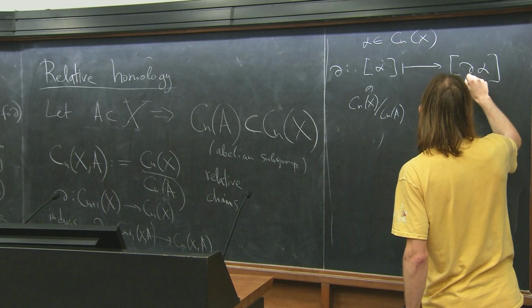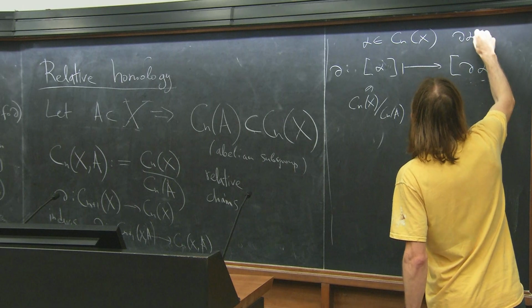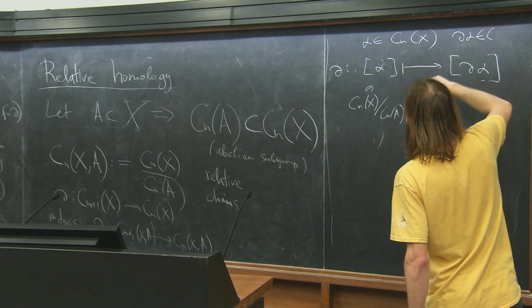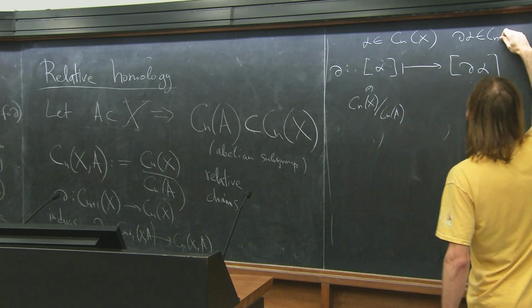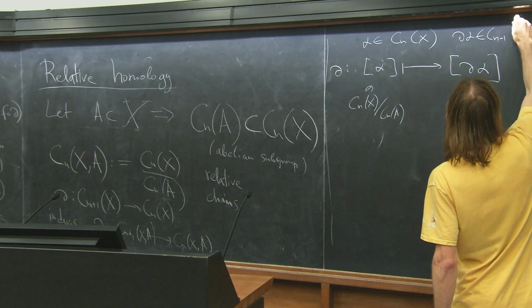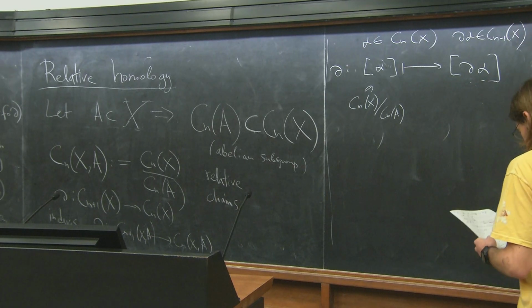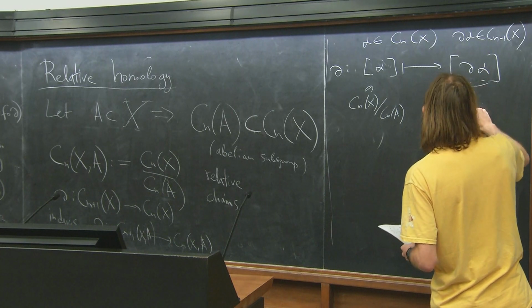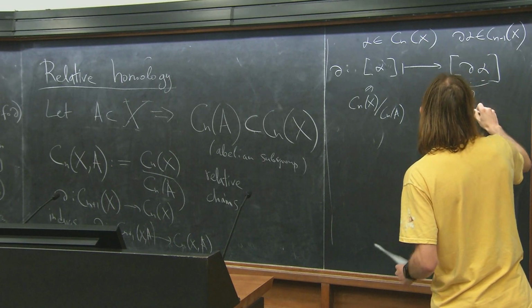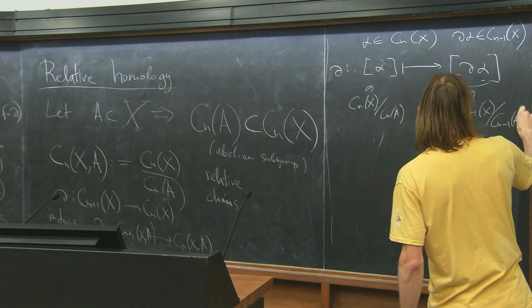D applied to alpha is an element in Cn minus 1 of X, and its class is a class in Cn minus 1 of X divided by Cn minus 1 of A.